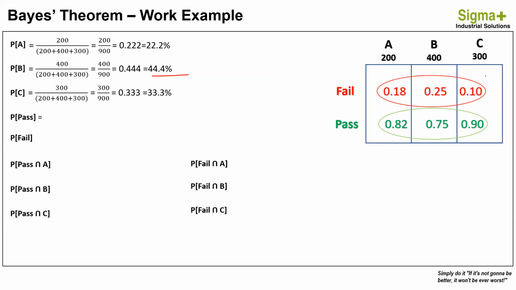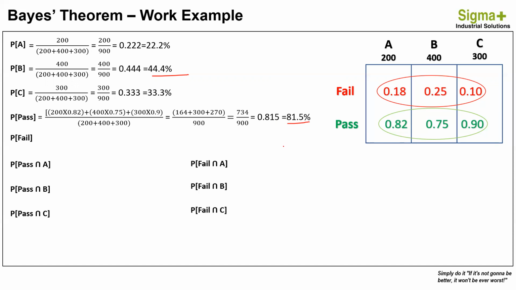And with a 10% fail rate in product C, I have a 90% pass rate for product C. If I want the probability of a passed product regardless of type, it's simply 82% of product A plus 75% of product B plus 90% of product C divided by 900, which equals 81.5%.